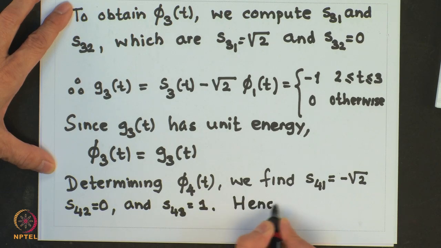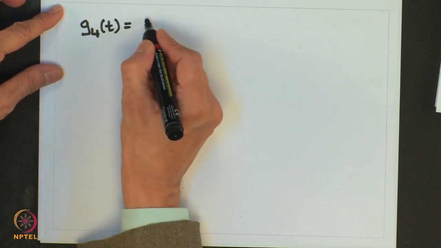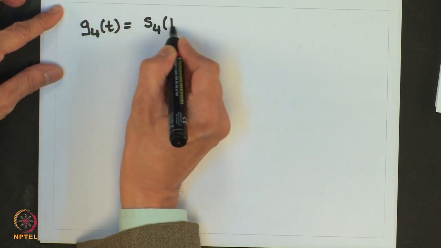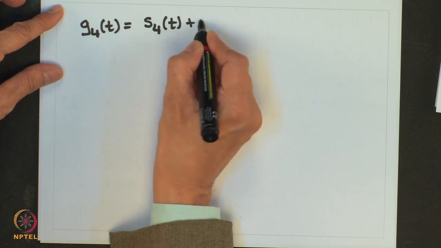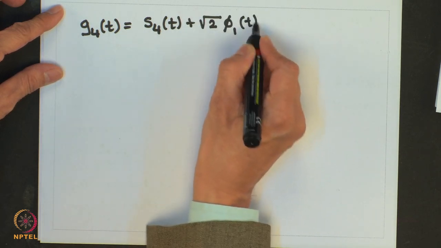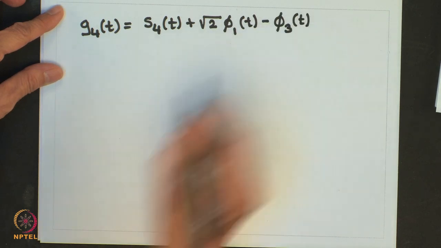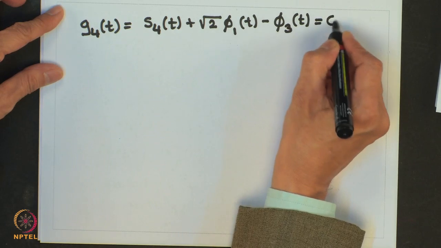So, hence my g4(t) would be equal to s4(t) minus these projections, and this turns out to be 0.